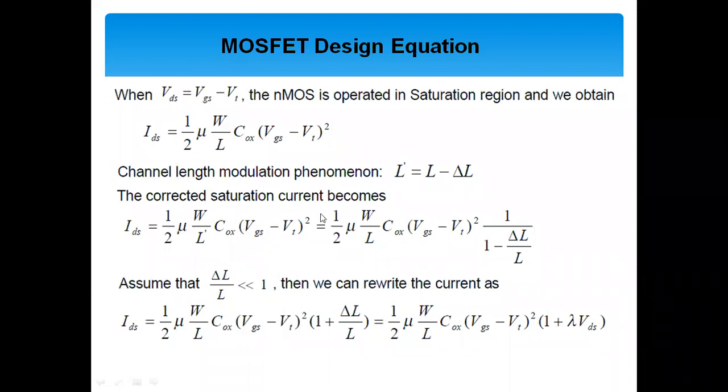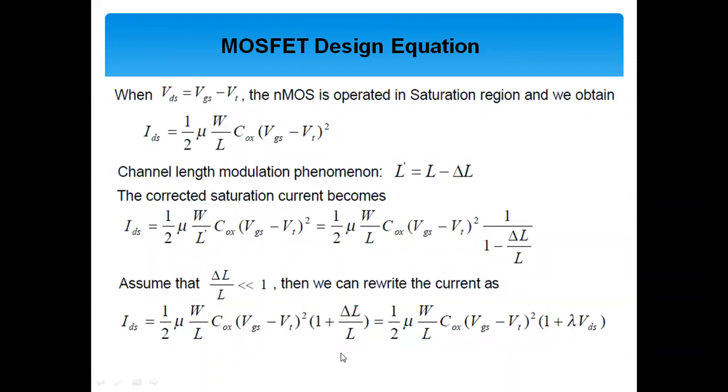Further, if you simplify this equation, you will get this. Now if delta L by L is very much less than 1, we can ignore this term. Now you can rewrite this current equation as 1 by 2 mu W by L Cox (VGS minus VT) square into (1 plus lambda VDS).